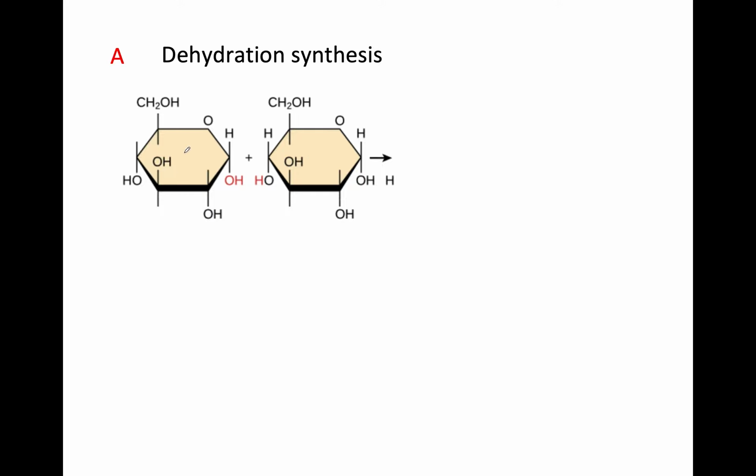These are two glucose molecules, so we're looking at carbohydrates right now. When we make, let's say, glycogen in our bodies, or when potatoes make starch that we later on eat, how does the potato make starch? How does our body's liver make glycogen? How do we do that?